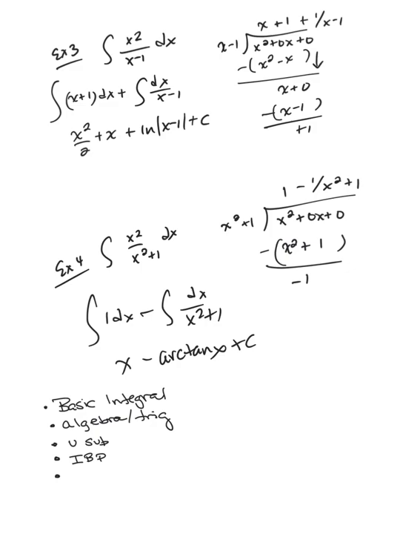You use that when you primarily have a product, right? But you don't have a u sub. And you have your special cases like arctan, ln x. Those are examples of this.